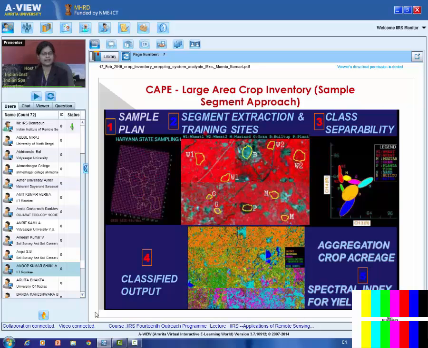So that kind of classification is good for high resolution satellite data, where variability is more within a single crop also. Then to differentiate different types of crops growing simultaneously in an area, decision rule-based classification is being used.